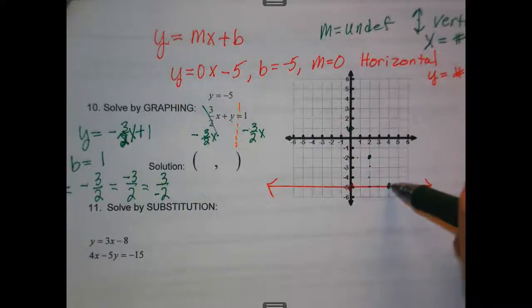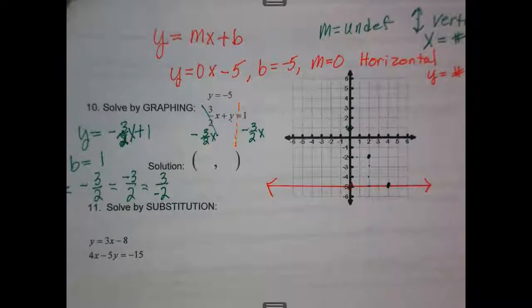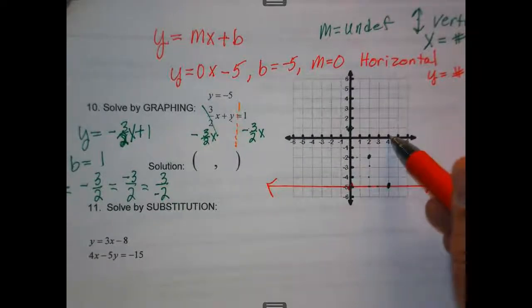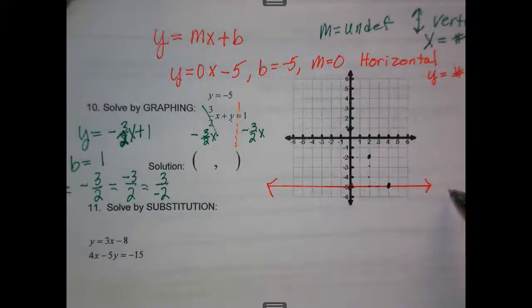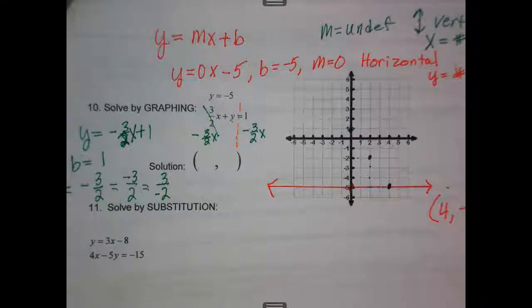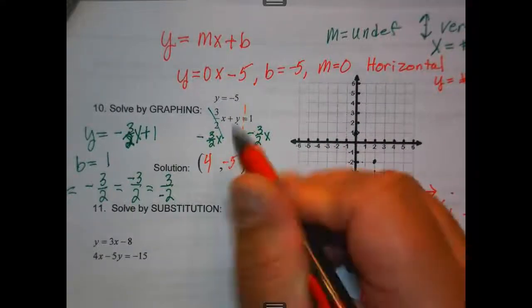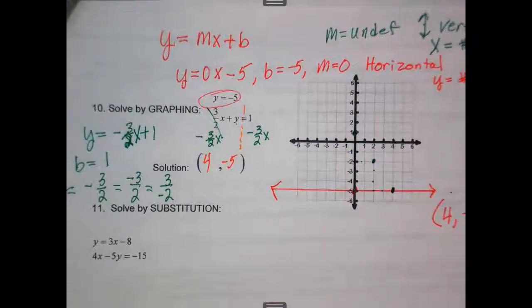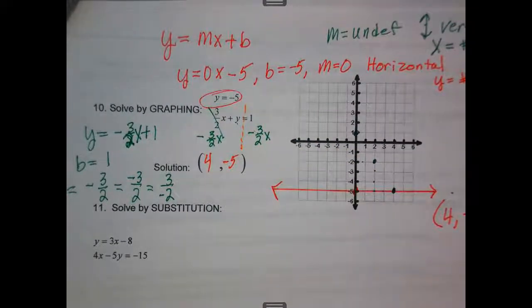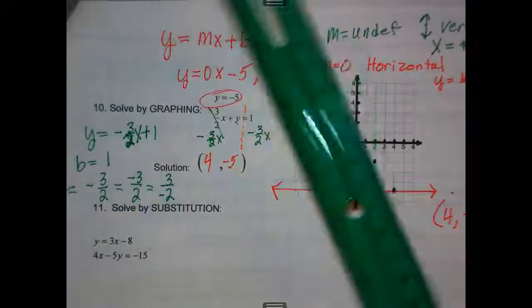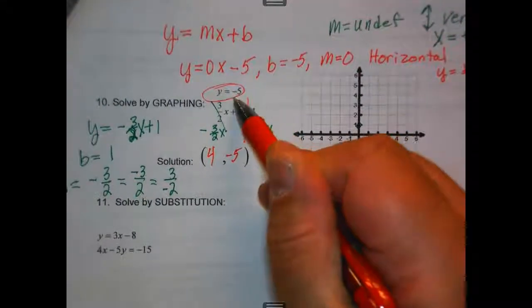So what's my point of intersection here? What's my solution? 4, -5. X's go first. Y has to be -5 because it says so.